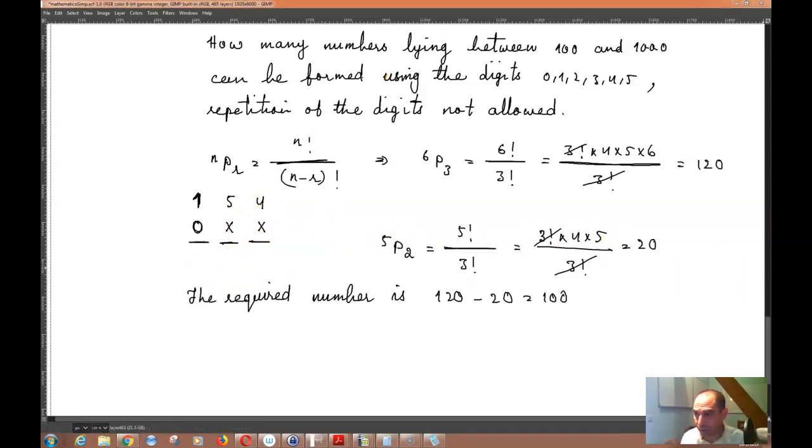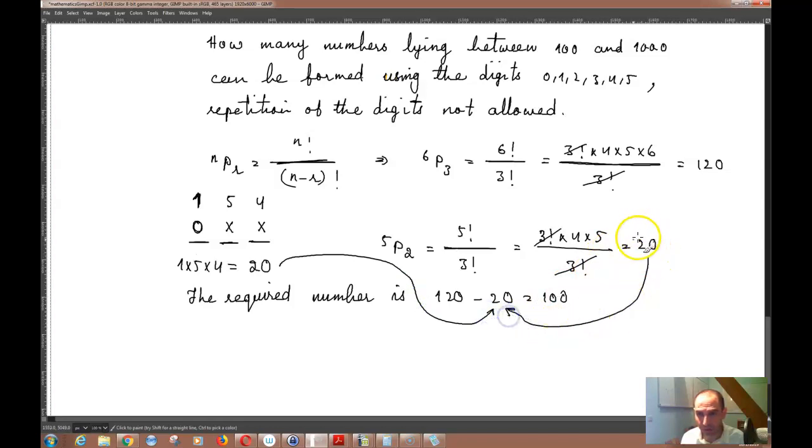And so by the fundamental principle of counting, there are 1 times 5 times 4 different ways of filling these 3 digits, which is 20, the same number that we got over here. And so 120 minus 20 is equal to 100. So that's how you solve this problem.